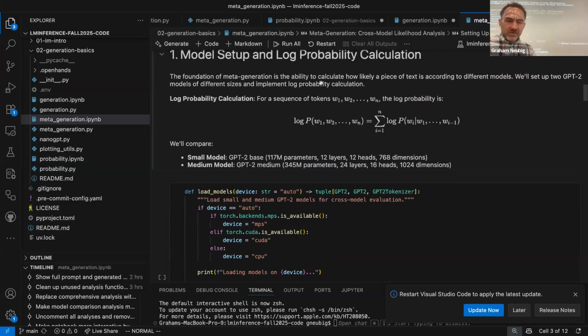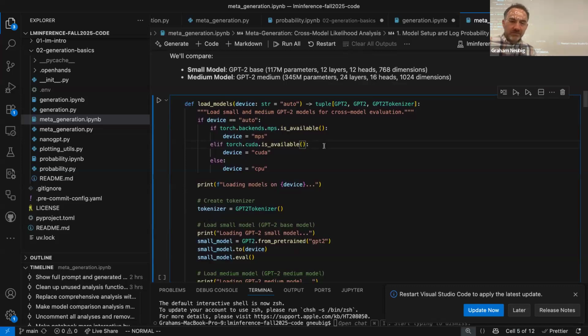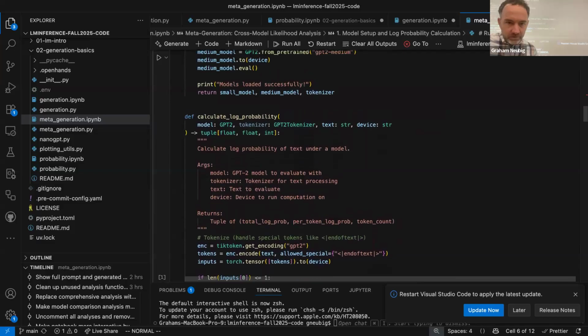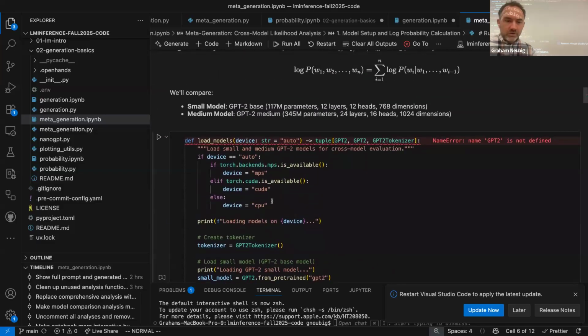So this is just the code to calculate the probability. Actually, this is the important code if you want to run on a GPU or MPS. Hopefully people have done this before. I'm sure everybody's run on GPUs, but if you're running just on your Mac, definitely do this because this will speed it up by a lot for free.